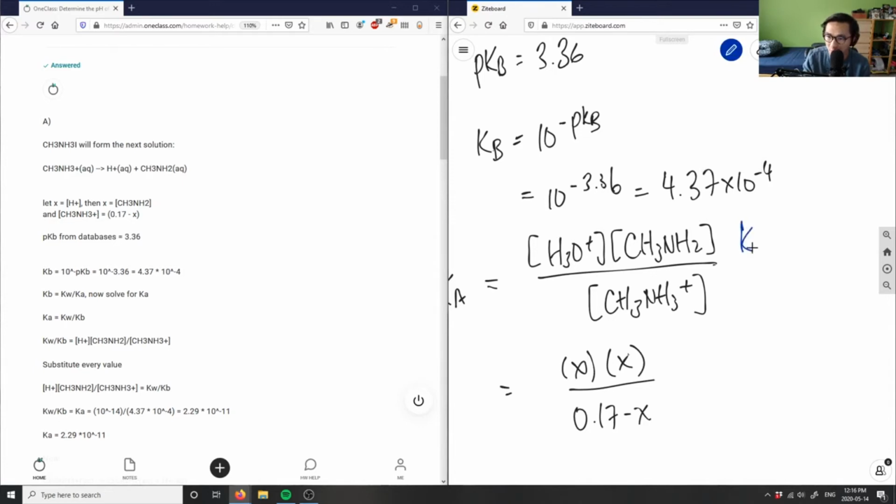I know that Kw equals Ka times Kb, and Kw is 1.0 times 10 to the negative 14, which equals Ka times 4.37 times 10 to the negative 4. So Ka is simply 1 times 10 to the negative 14 divided by 4.37 times 10 to the negative 4. On my calculator, I get a value of 2.29 times 10 to the negative 11.